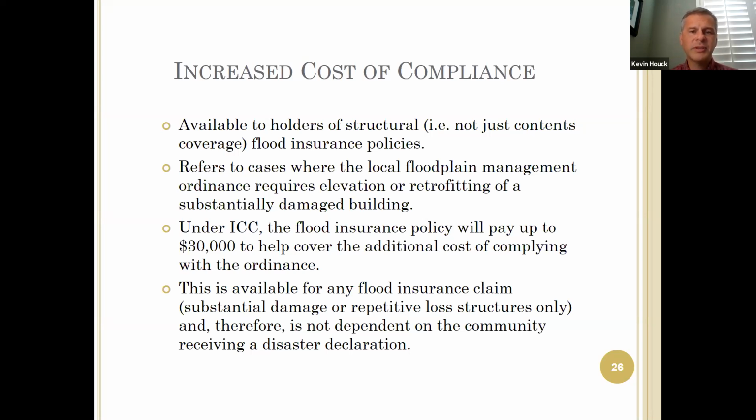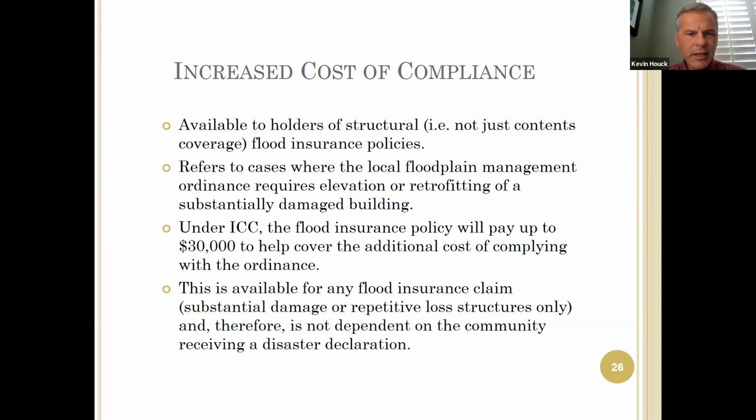It allows for basically an allowance, if you will, that if your building is substantially damaged and meets certain requirements, then this money can become available for the purpose of bringing that structure into compliance when it is repaired.